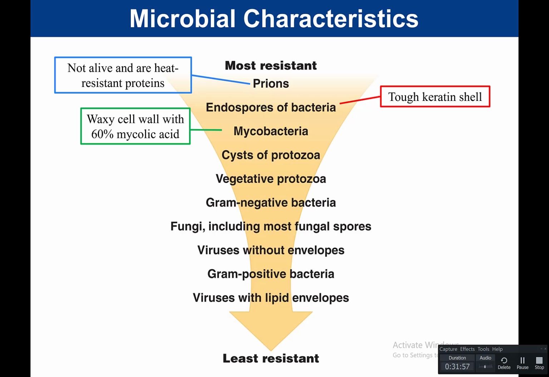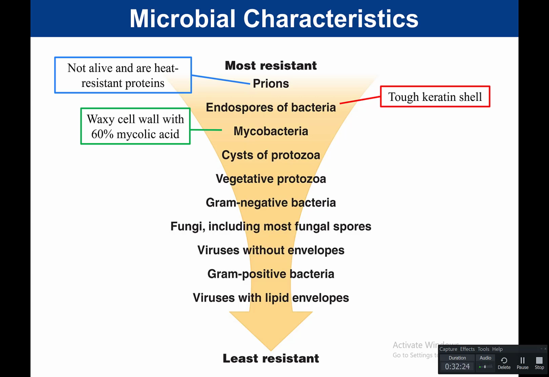Both endospores and mycobacteria have these outer structures that make them very resistant, and that's why we have to use steam while applying the dye so that the dye can penetrate those structures. So endospores are very resistant. Mycobacterium is very resistant, but a little bit less than endospores.